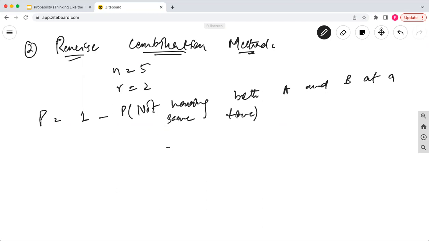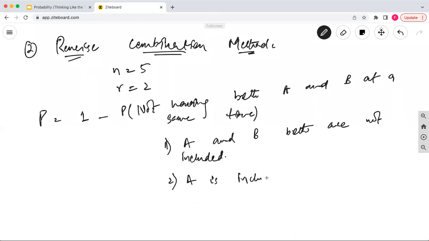In the first scenario, I consider that A and B both are not included. The second one is A is included, but B is not included.